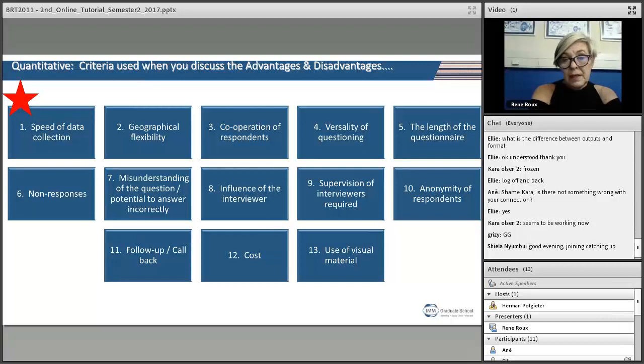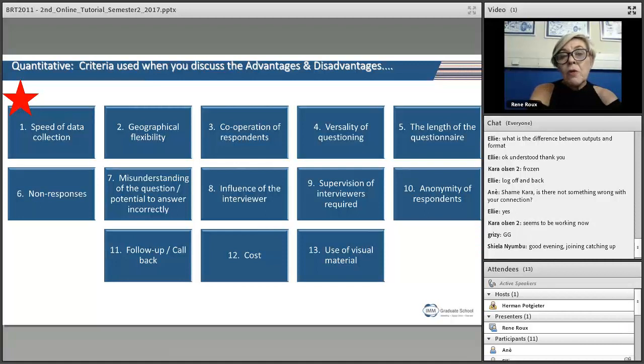Geographical flexibility. People in rural areas might not have access to internet. Therefore, web-based interviews are not going to work, or the cell phone connection is very bad, so an SMS survey is not going to work. So look at that. The cooperation of the respondent, to get them to participate in the research.